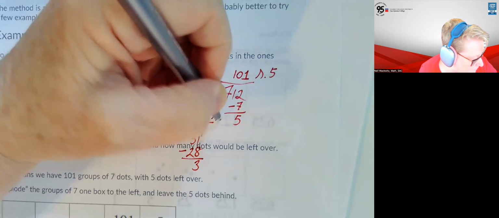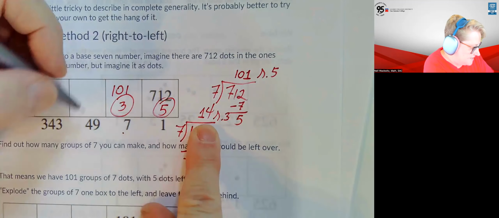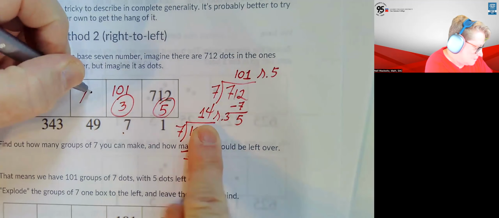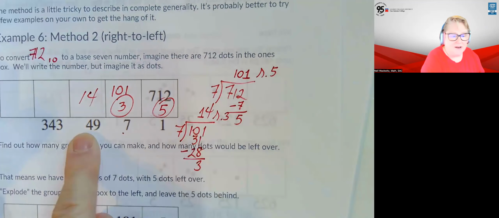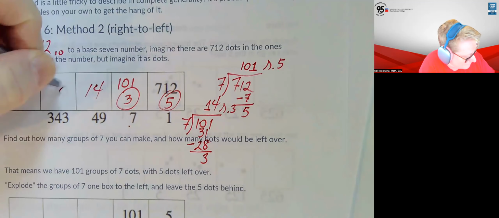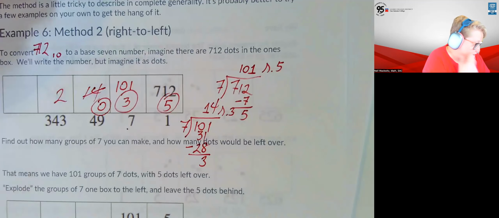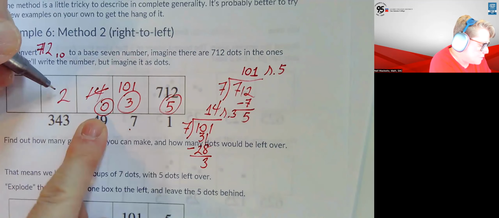So we have a remainder of 3. And now we have 14 in the 49's place. How many times does 7 go into 14? We have no remainder. So our number is going to be 2035.